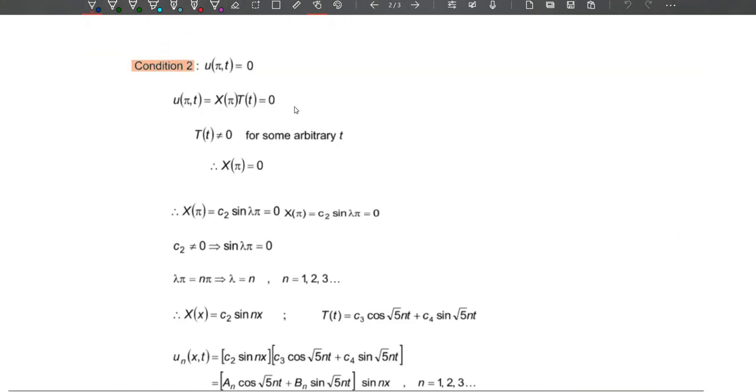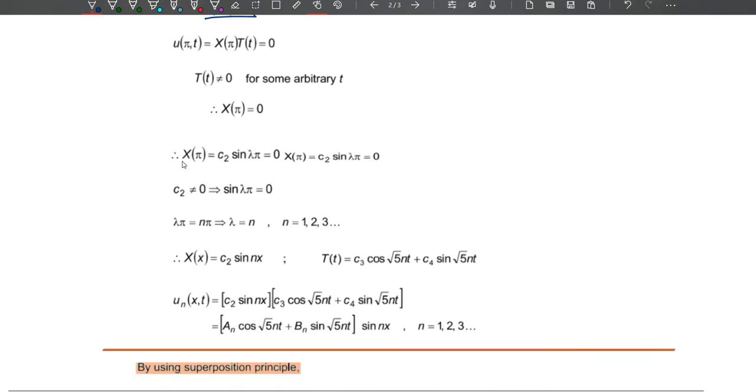Next, the second condition. u(pi,t) equal to 0 because it is u(L,t) equal to 0, that's the boundary condition. So right now u(pi,t) is equal to X(pi) T(t) equal to 0. T(t) does not equal 0 for some arbitrary t, and therefore X(pi) equal to 0.